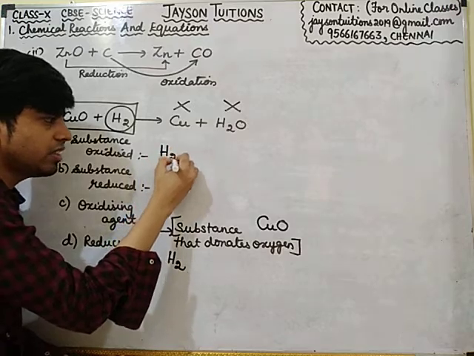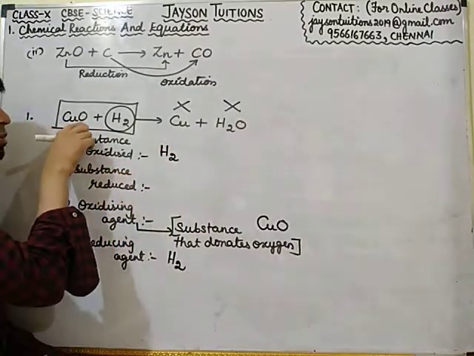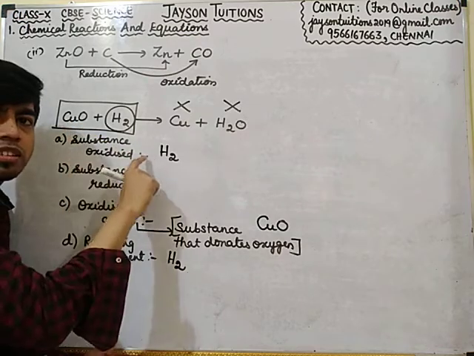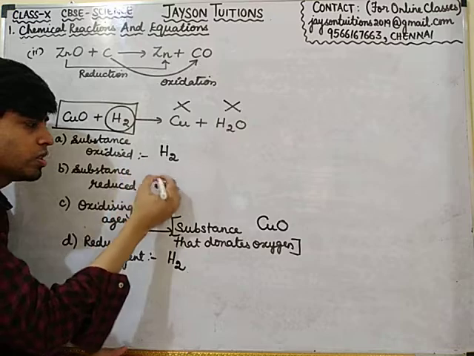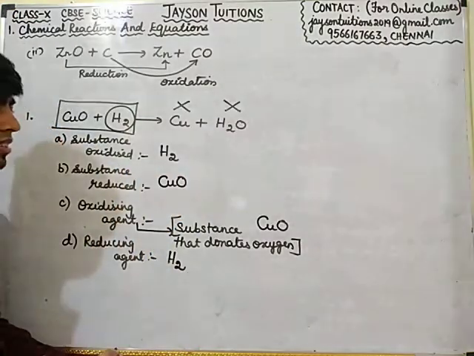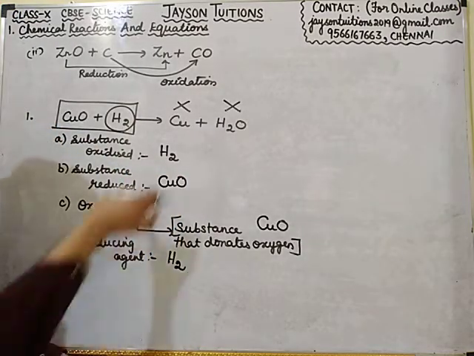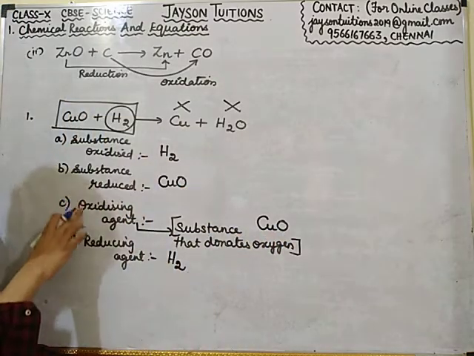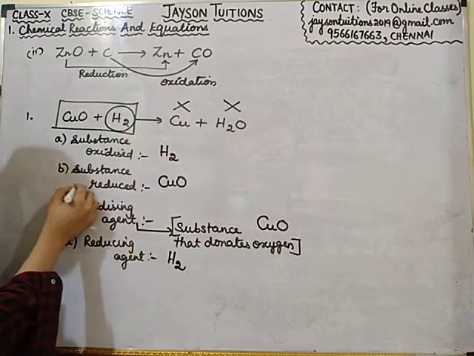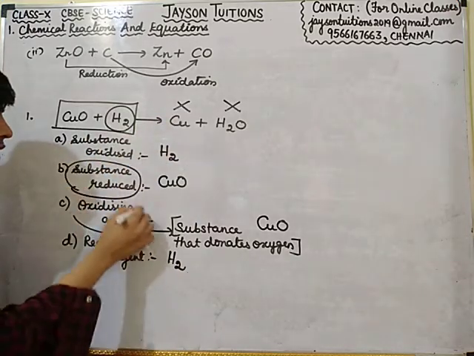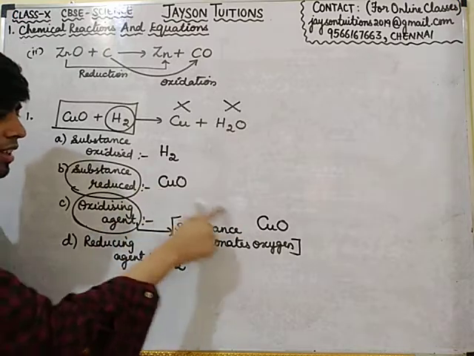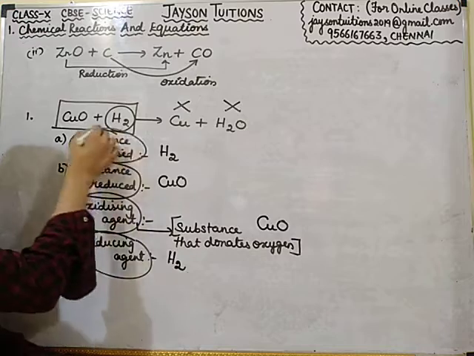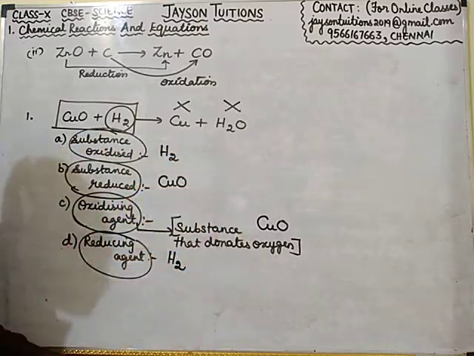So H2 is oxidized. From CuO we will be removing the oxygen, and if you remove the oxygen, CuO will get reduced. So the substance reduced is CuO. All the answers you have to choose only from the reactant side. Always, the substance reduced and the oxidizing agent will be the same answer. The reducing agent and the substance oxidized will be the same answer.